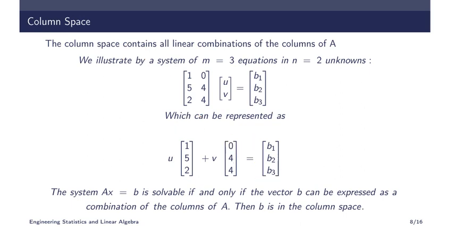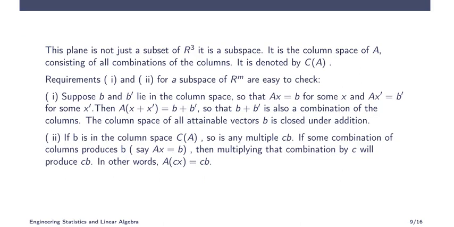Now how can we prove that it is a subspace? Because it should be closed under addition and it should be closed under scalar multiplication. The column space is always represented as C(A). Now suppose b and b' lie in the column space, because Ax equal to b is the equation, right? So b and b' are two possible solutions, and they are in the column space.